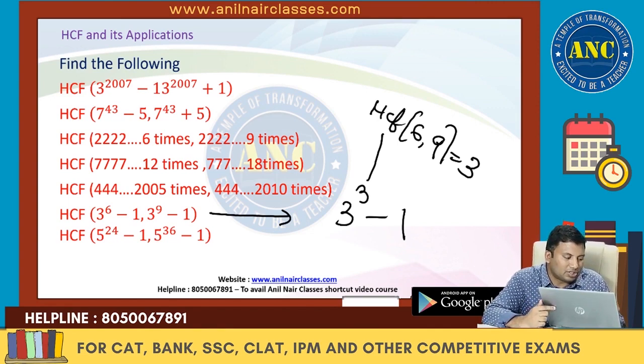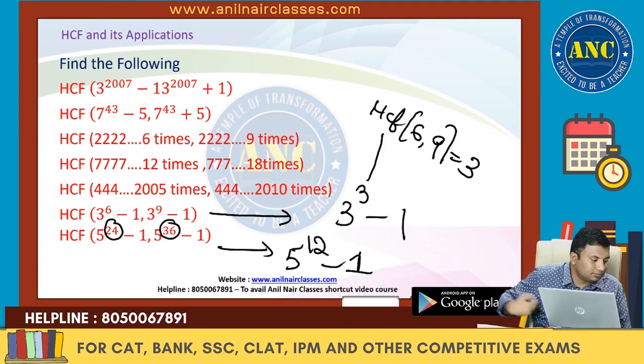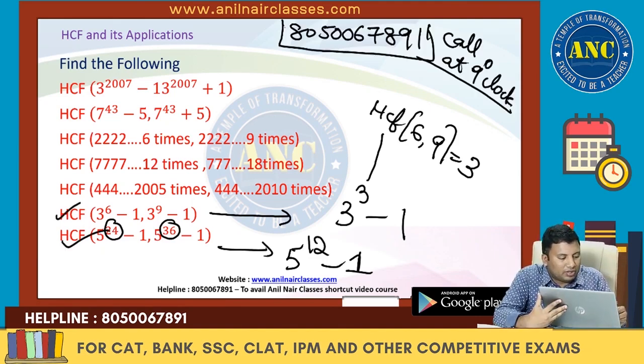Next one, 5 power 24 minus 1, 5 power 36 minus 1. The HCF of 24 and 36 is 12, so the answer is 5 power 12 minus 1.